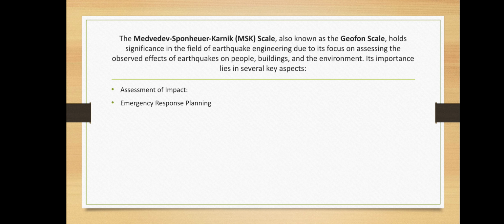First, impact assessment. The MSK scale provides a qualitative description of the impact of an earthquake on the built environment and society. This information is crucial for understanding the potential damage that different levels of seismic activity can cause.